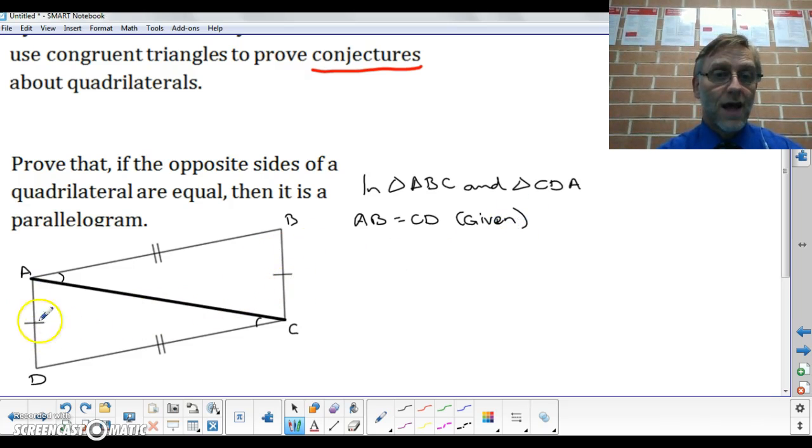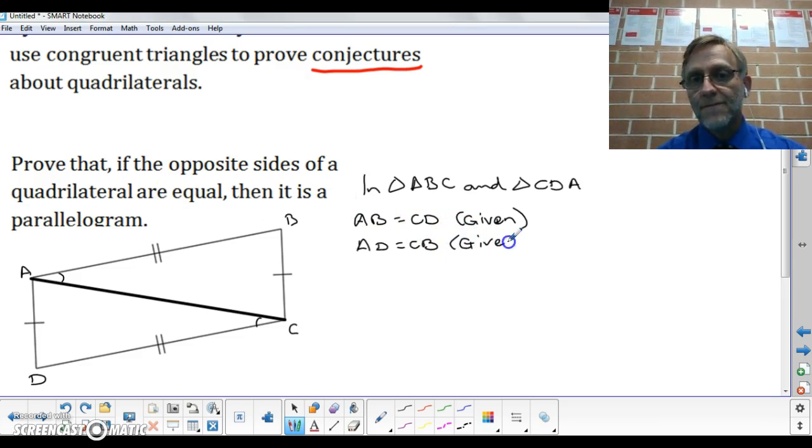The other sides I know are AD and CB. So AD is equal to CB. I know they're equal. They've got dashes on them. It's given to me in heaps of ways. And then this side, AC, is common.